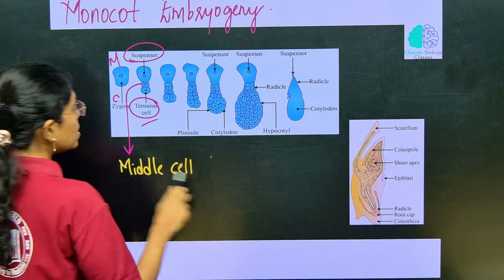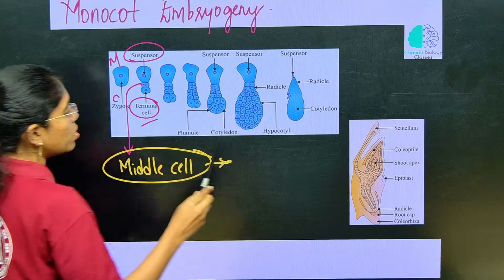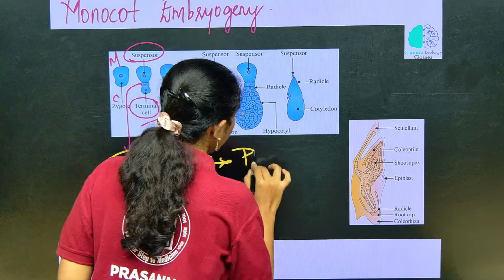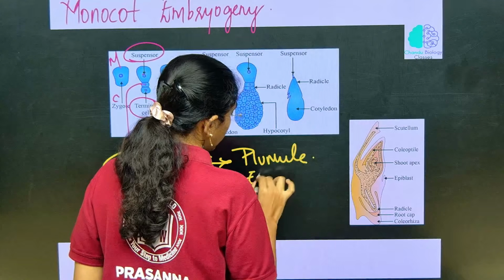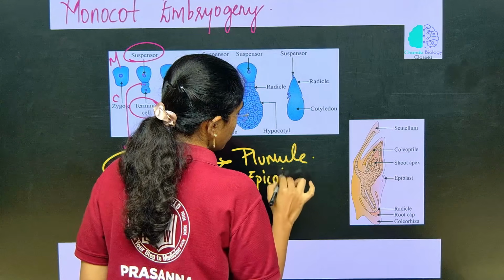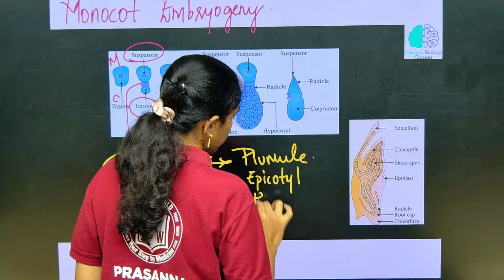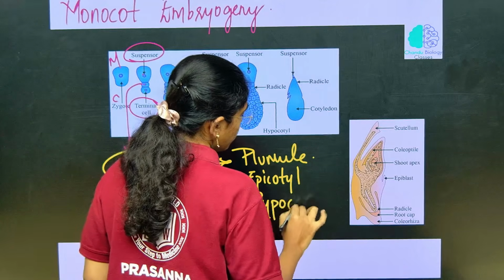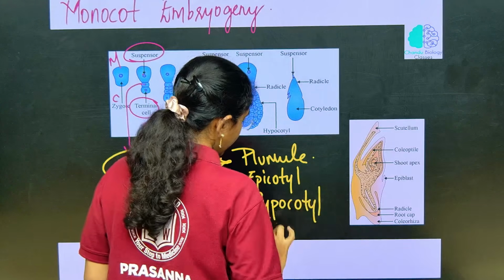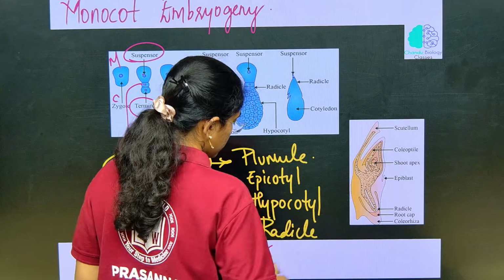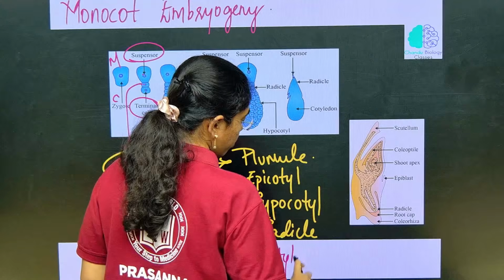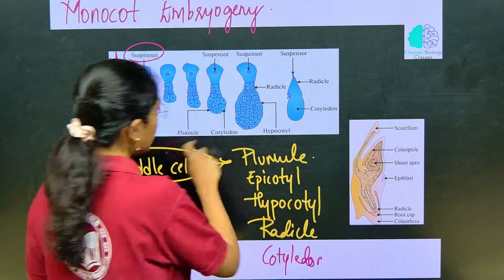Here the middle cell itself contributes to the formation of plumule, epicotyl, hypocotyl, radicle and cotyledons. So the major contribution is from the middle cells.